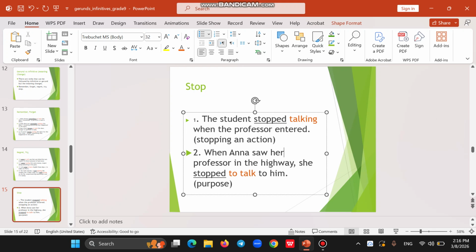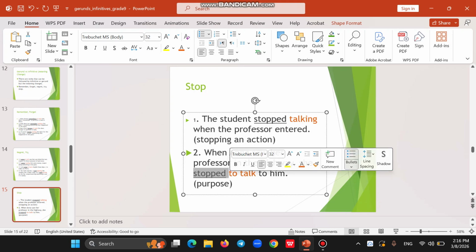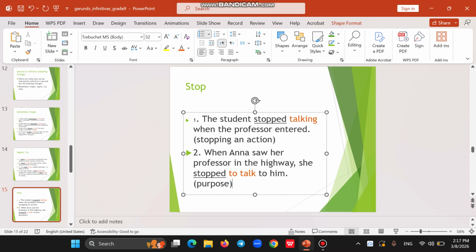Now, when Anne saw her professor on the highway, she stopped to talk to him. Why did she stop? What is her purpose? What is the reason behind stopping? To talk to him. So when stop is followed by an infinitive, it means to stop for a certain purpose, for a certain reason.